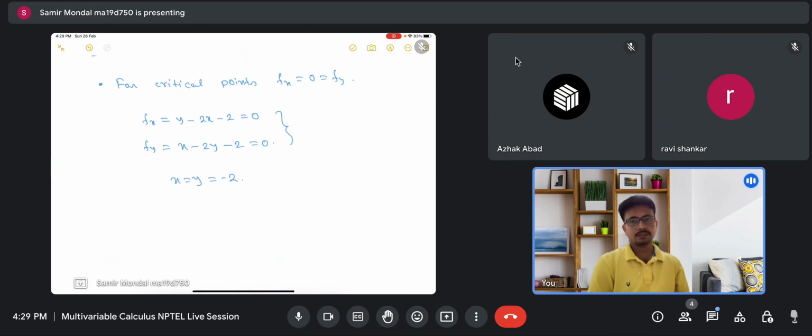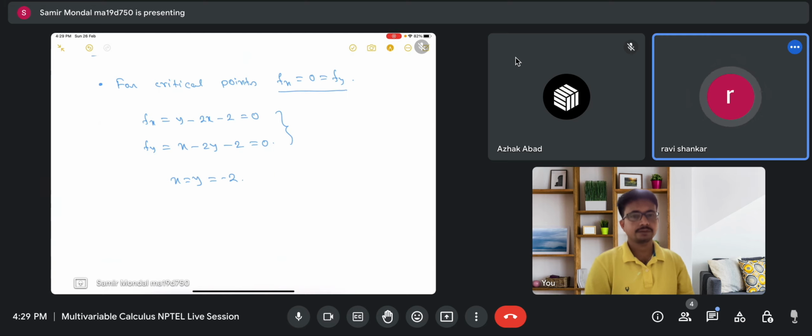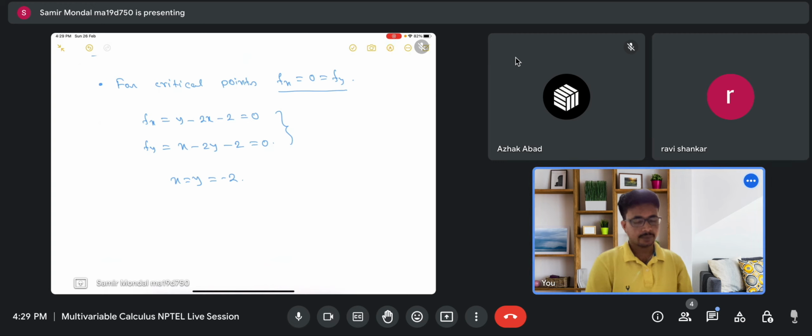Please tell me, is it correct or not? It's fine. So for a critical point, the first partial derivatives, with respect to x and with respect to y, both have to be 0.